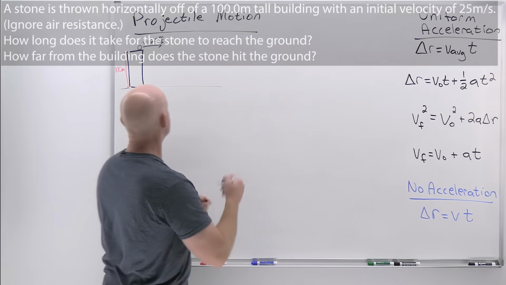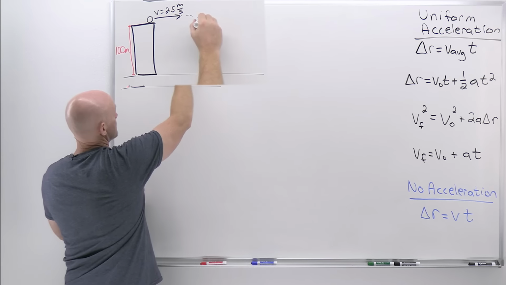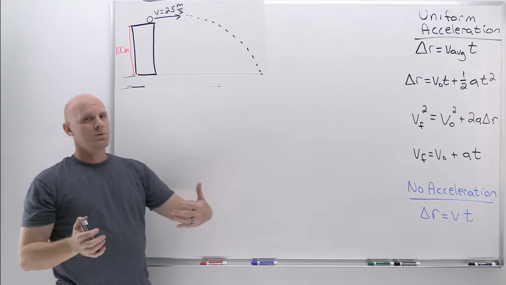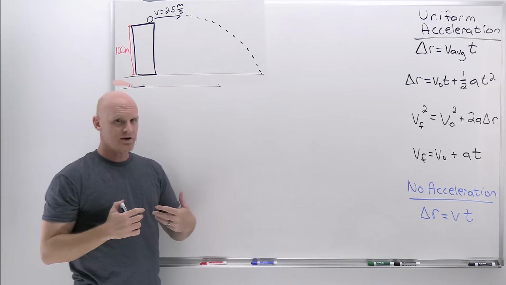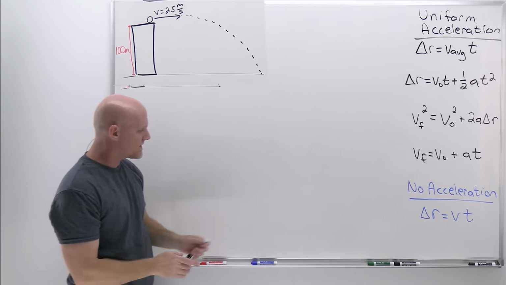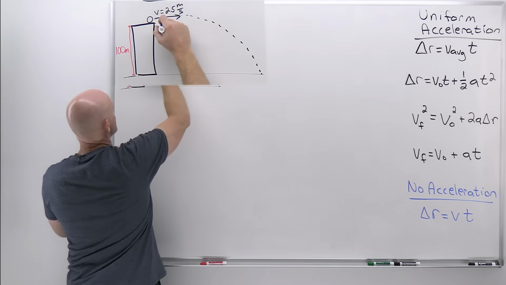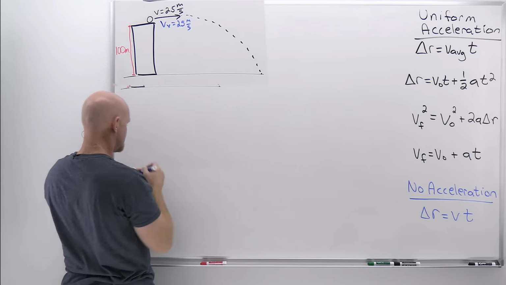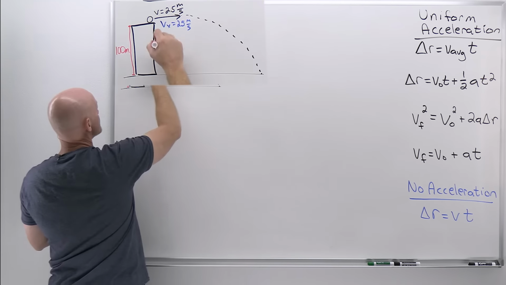Well, if we follow that motion down here, this thing's going to curve down and finally hit the earth. Again, we've got to deal with the x and y independently of each other, but one thing to note: initially, this thing is thrown perfectly horizontally. So what that means is that the x component of the velocity is all of it, 25 meters per second, and the y component, it doesn't have one.